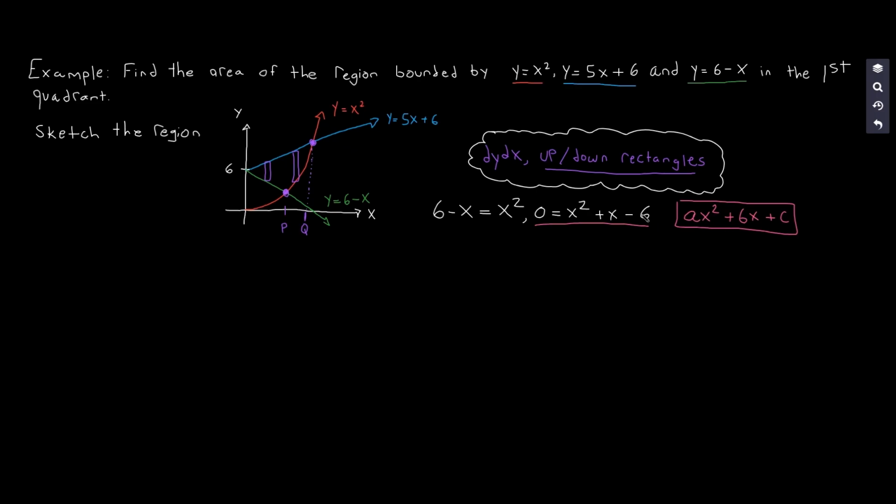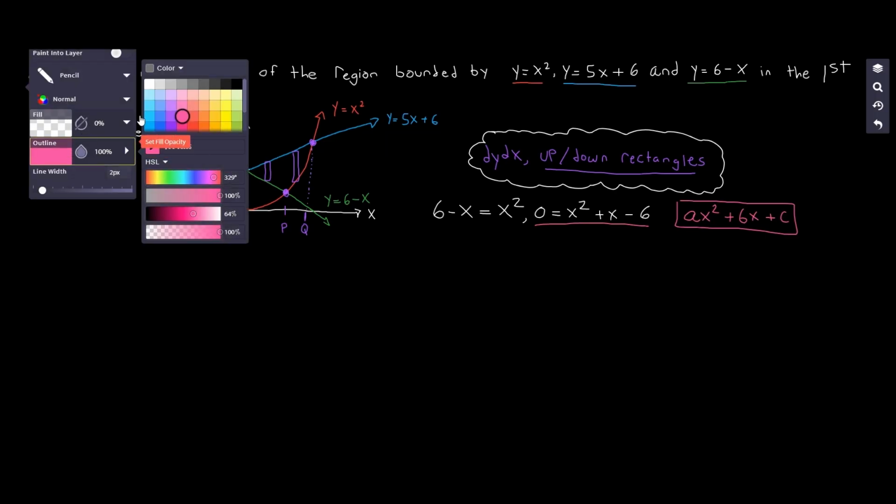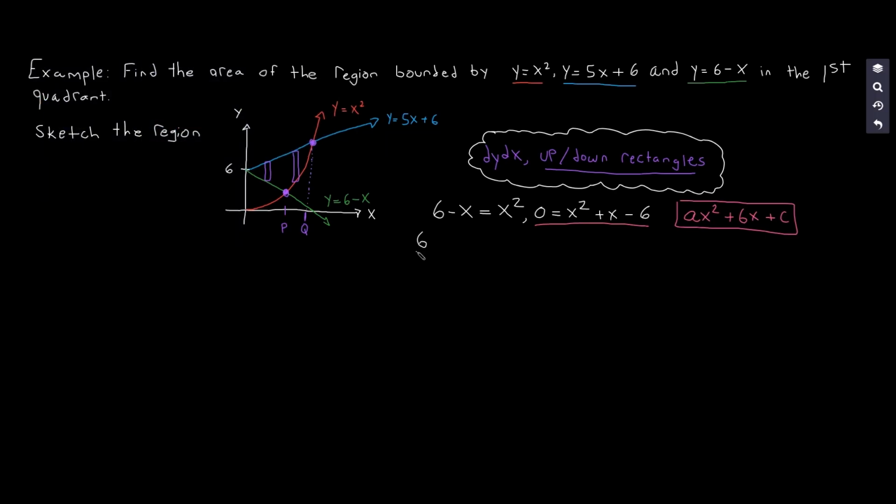So we need two numbers that multiply to -6 that add to be 1. How about 3 and -2? I'm pretty sure that's it.